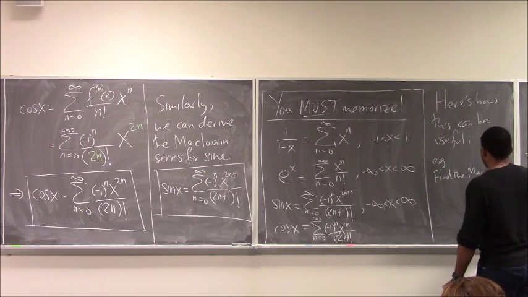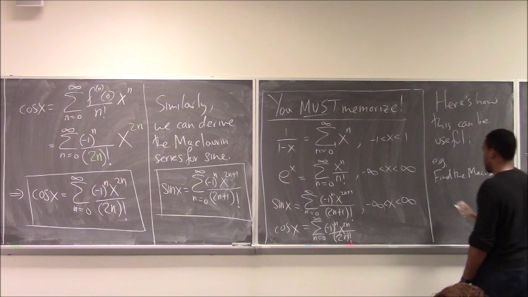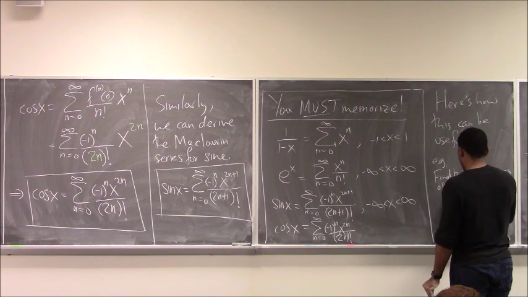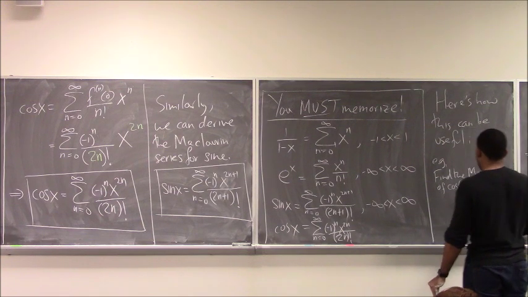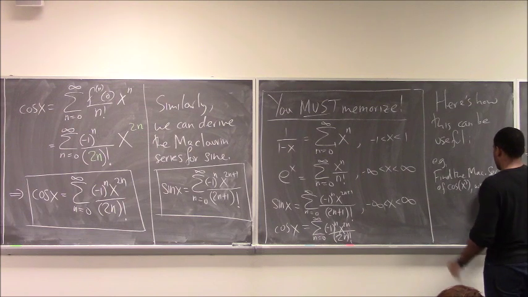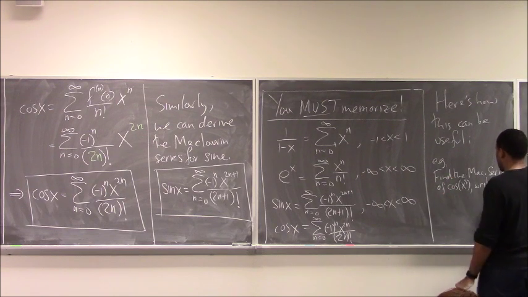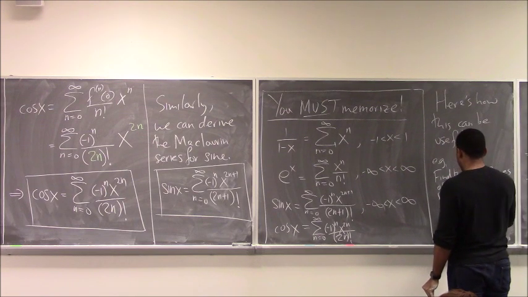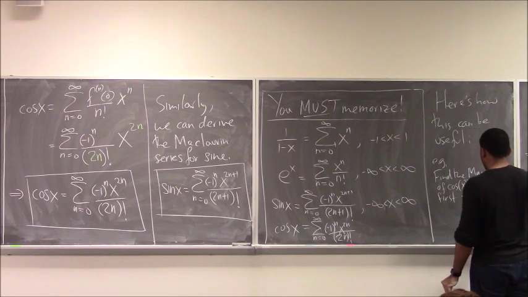Find the Maclaurin series of cosine of x cubed, and write out the first three terms.